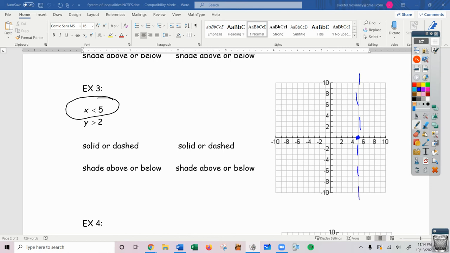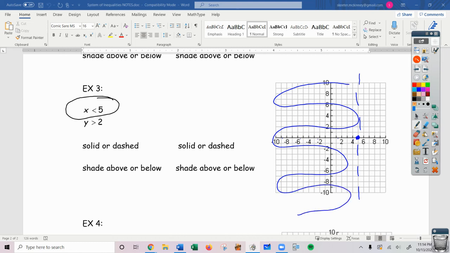Now we've talked about this before, but for a less than sign on this one, are we going to shade to the right or to the left? We should have picked the left, right? Less than is lower. Numbers that are less than 5 are 4, 2, negative 2, right? These numbers over here. So we want to shade all of this area.